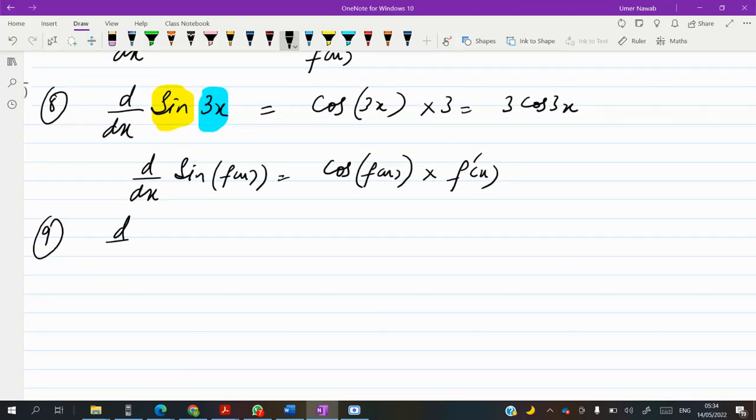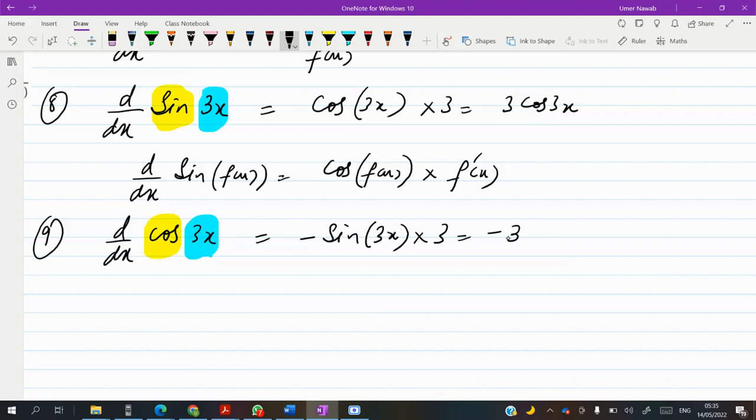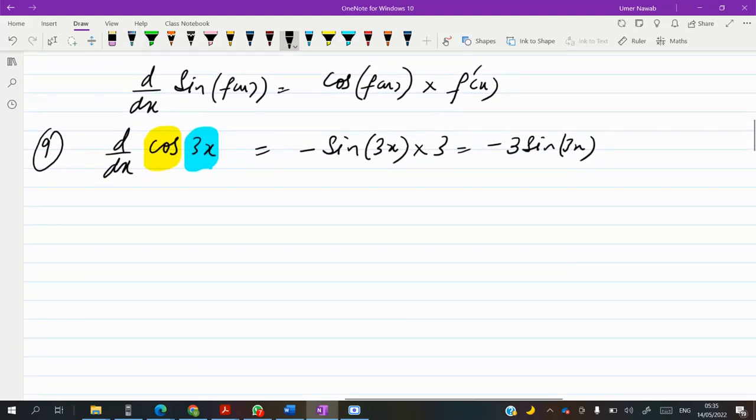Next, the derivative of cosine of 3x. The cosine, since it starts with c, every trigonometric function starting with c gives you the minus sign. So I'm going to write here minus sine 3x, and the further derivative of 3x will give you 3, and in simplified form I'll write minus 3 sine of 3x.